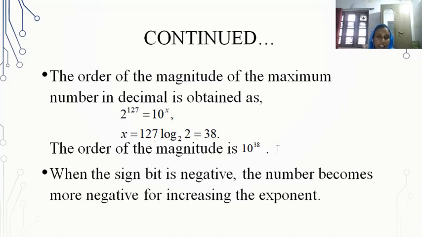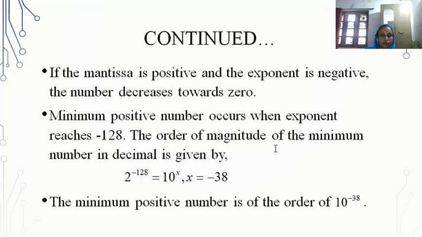If the sign bit is negative, the number becomes more negative as the exponent increases. Now, if the mantissa is positive and the exponent is negative, the number decreases towards 0. So we have to find the minimum number.